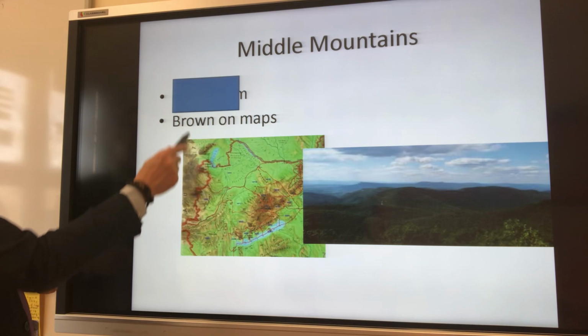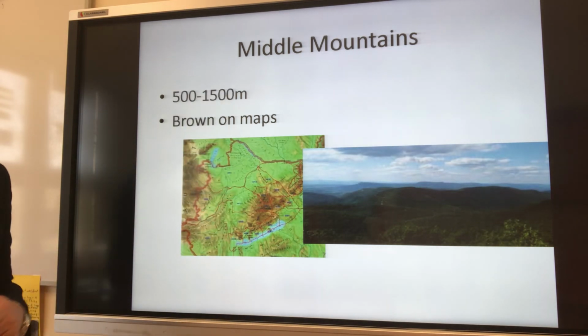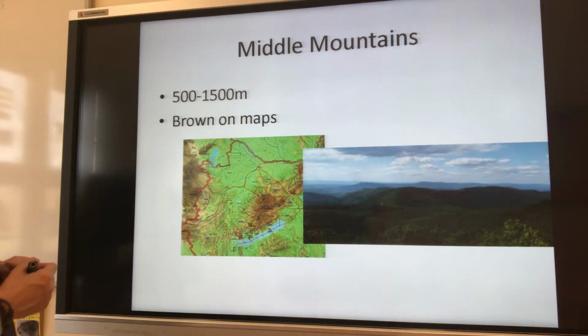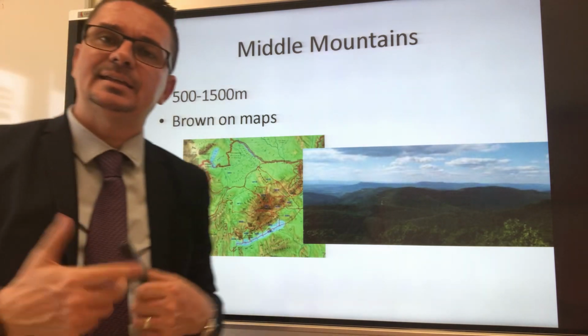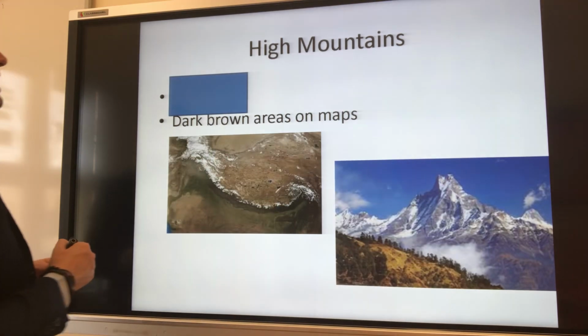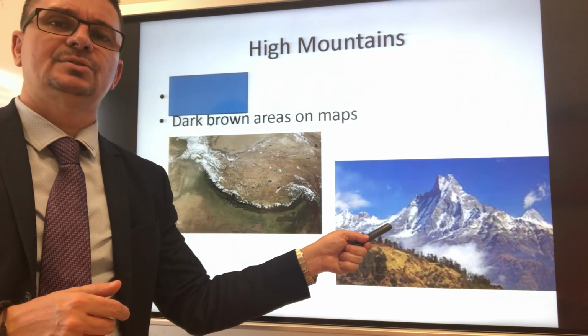Middle mountains, they are not so tall, not so small either. And the color is brown on maps, like here. They are between 500 and 1,500 meters. Middle mountains. In Hungarian, we like saying középhegységek when we speak about these. And the next one, high mountains. They are the tallest mountains on Earth.